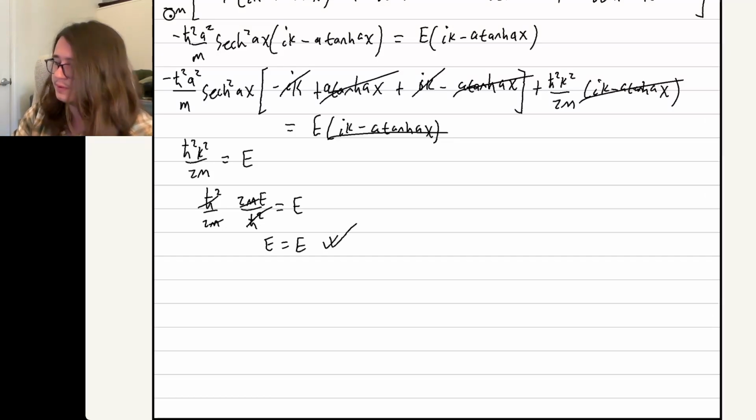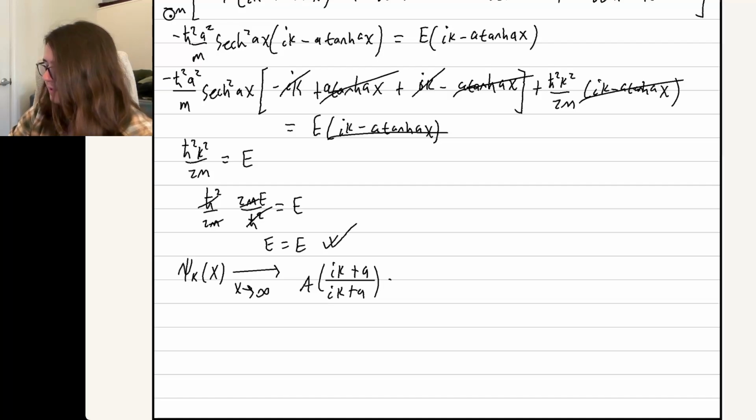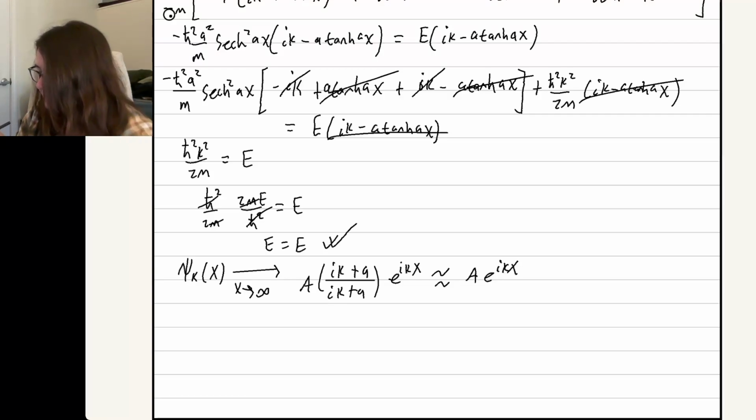So he observes that psi sub k of x, in the limit of x is really, really big, x goes to infinity, is A times (ik plus a) over (ik plus a) e to the ikx, because tanh of positive infinity is just positive 1. So he observes that it's A e to the ikx, very simply.